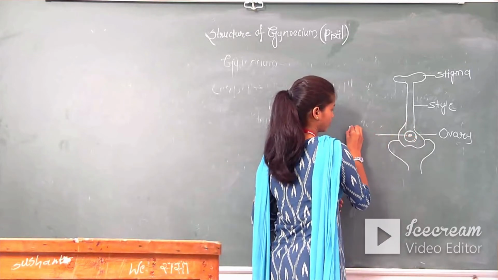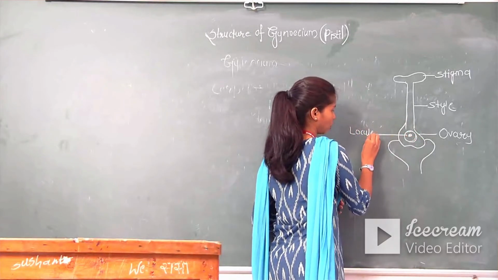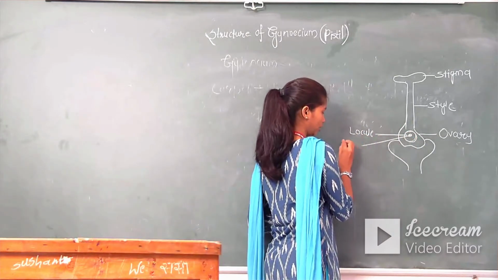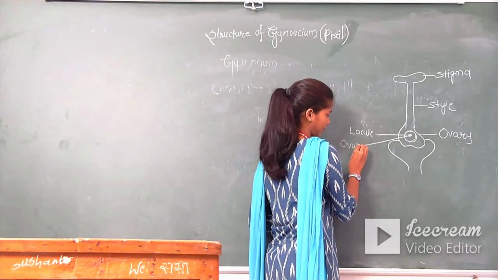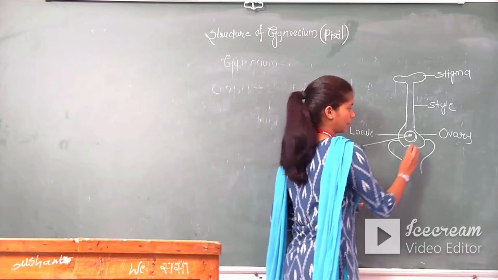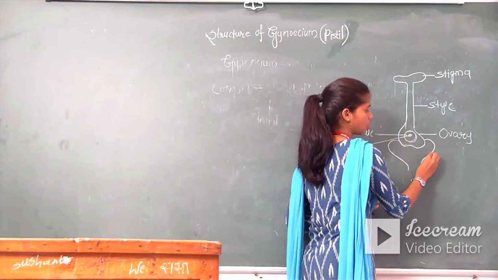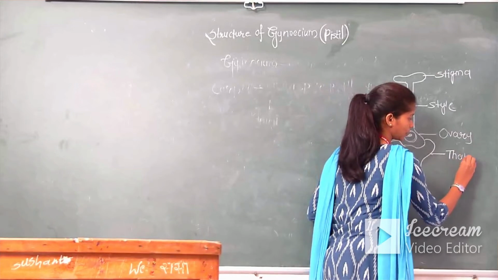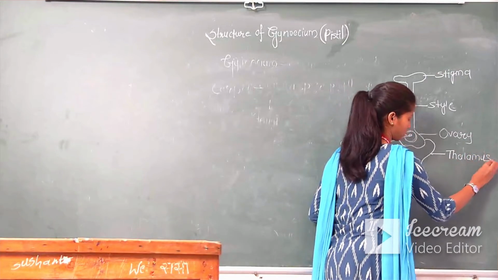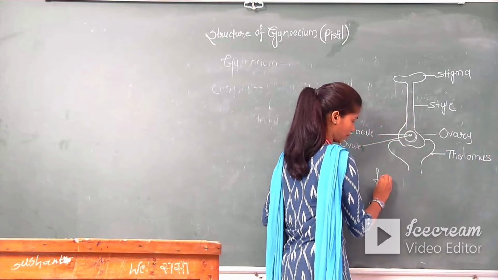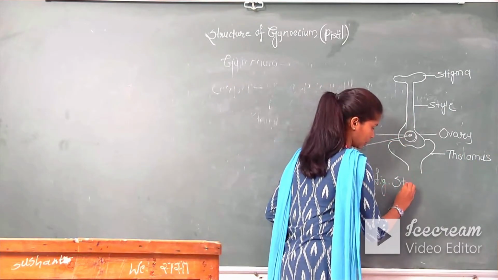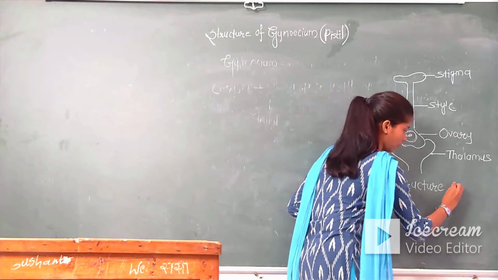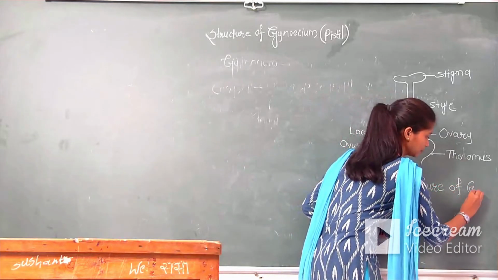This is known as locule, which we call the chamber of the ovary, and inside the locule of the ovary, ovules are present. This ovary is placed on a structure known as thalamus. This is the structure of gynoecium.